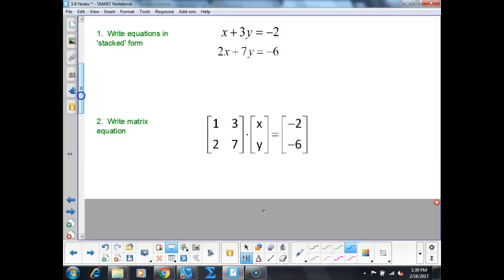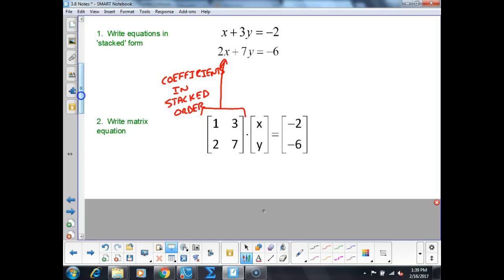Now, the matrix form of it has the first 2 by 2 matrix as the coefficients in stacked order.